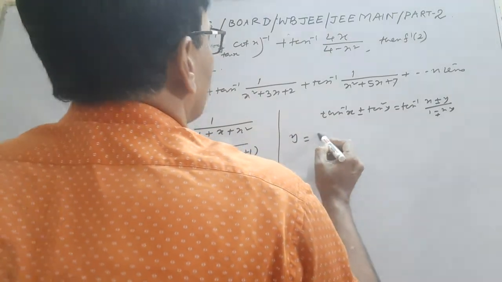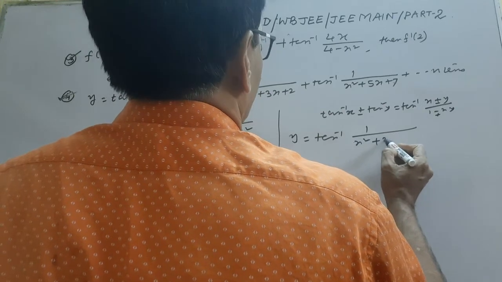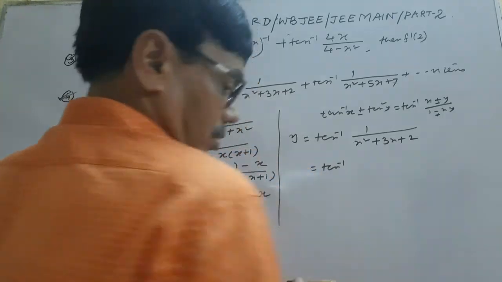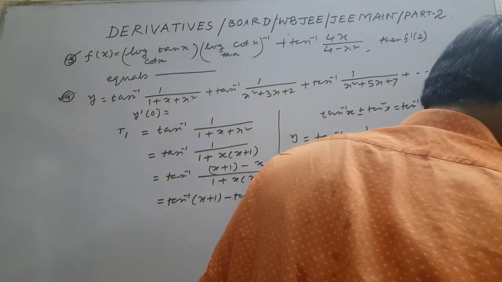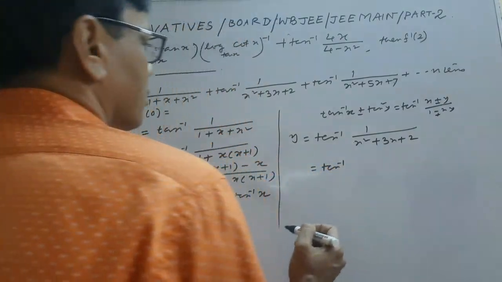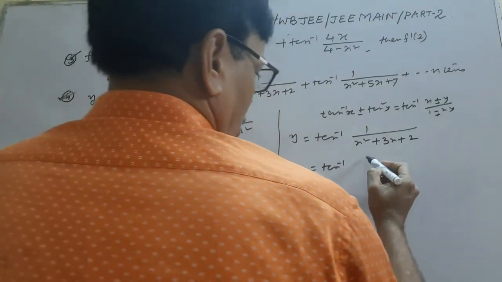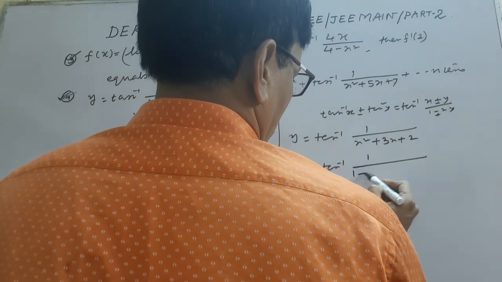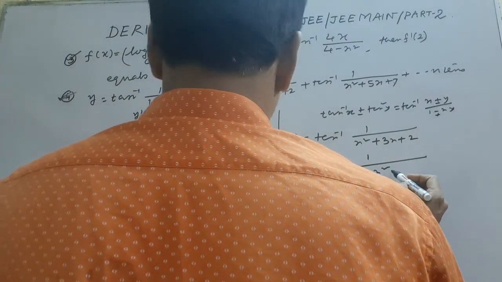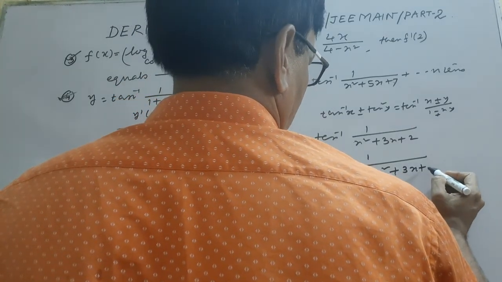Now y equals to tan inverse 1 by (x² plus 3x plus 2). So tan inverse 1 by 1 plus x² plus 3x plus 1.